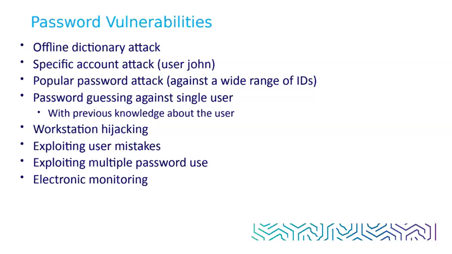So that is why understanding password vulnerabilities is very important. A password vulnerability is a weakness that attackers can exploit to discover or misuse a user's password. Sometimes the weakness is caused by weak passwords, poor security practices, or careless user behavior.